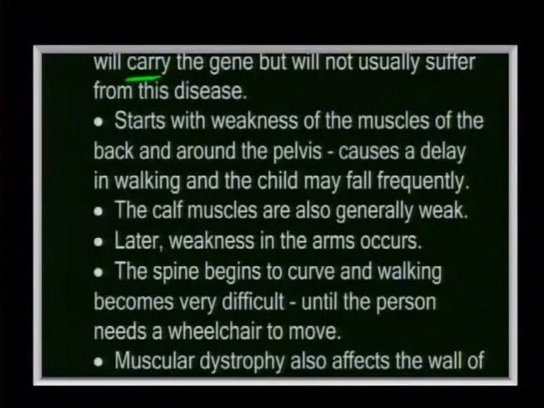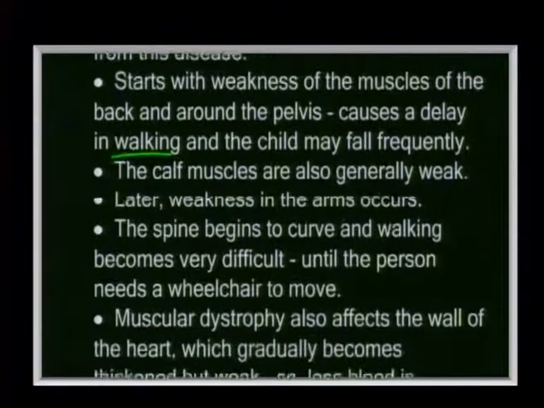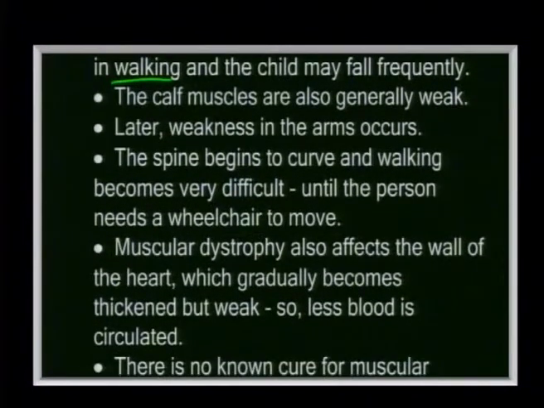So it starts with the weakness of the muscle in the back and around the pelvis, and that causes a delay in the walking. Then the calf muscles are weak, and later there is a weakness in the arms. And when the weakness in the arms occurs, the spine begins to curve, walking becomes difficult until the person actually needs a wheelchair.